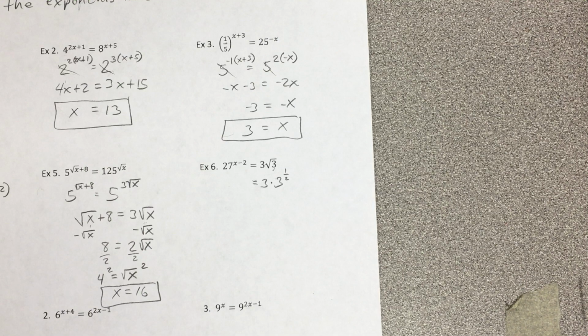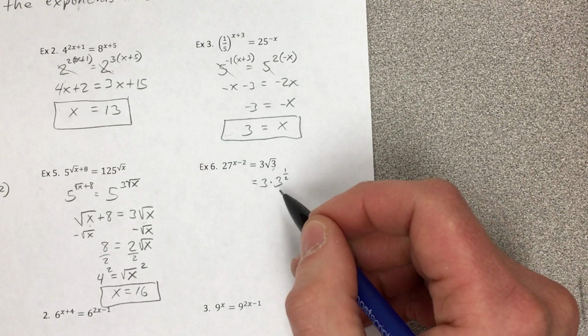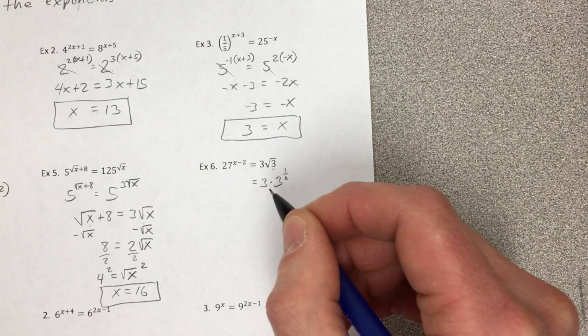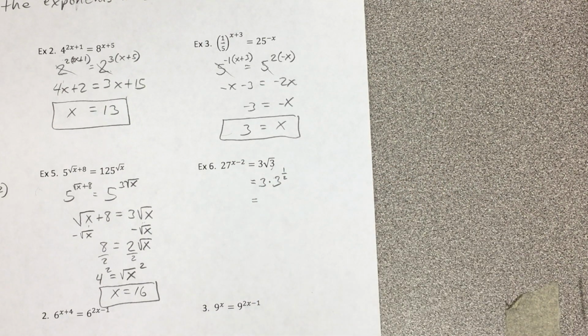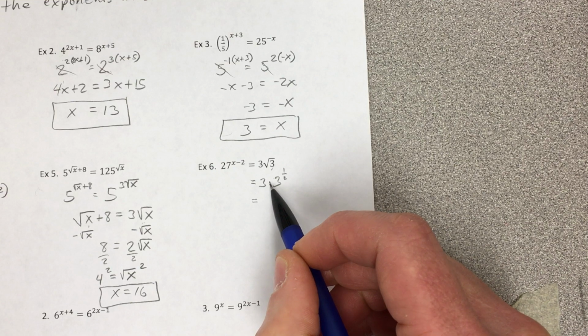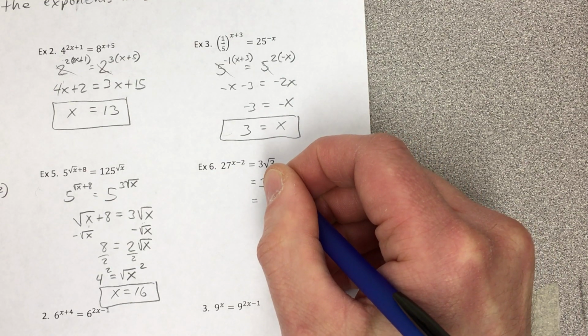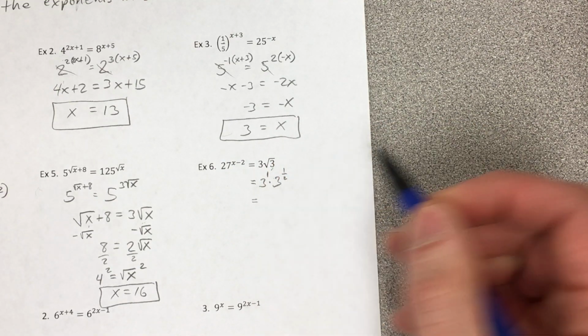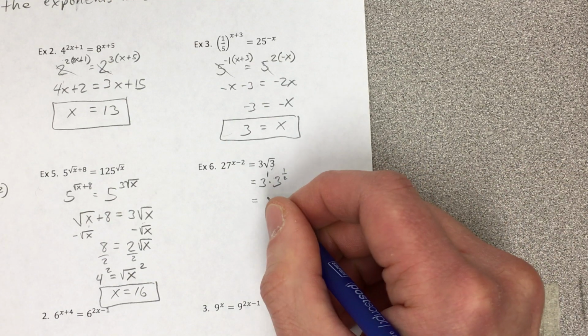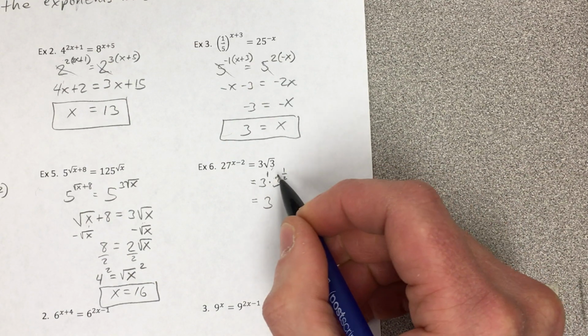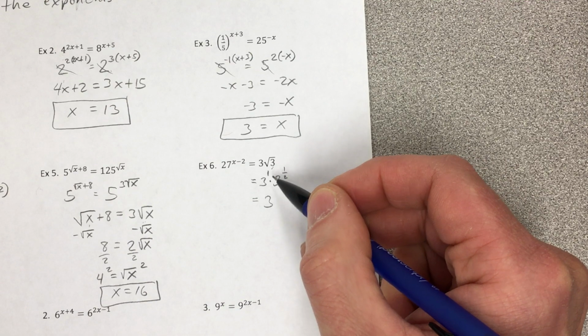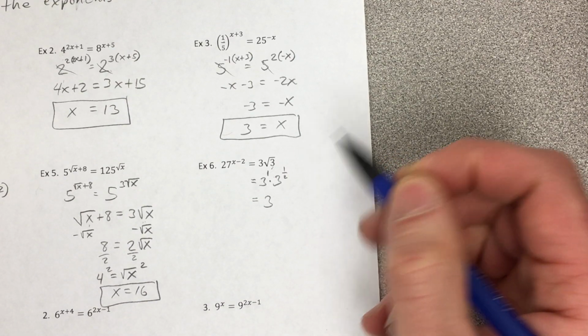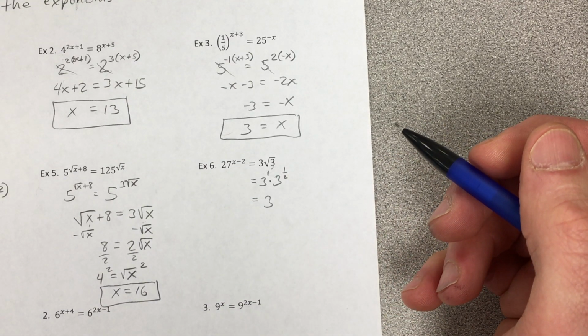So, so far so good. But here's the thing, I don't have a single base 3, I've got 2 bases. Let's combine those. Do you remember what you do to combine these if the bases are the same and they're multiplying? That's right, you add the exponents. So from there I'm going to get 3 to the, and the easy way out would be to say 1 plus 1/2 is 1 1/2 power.